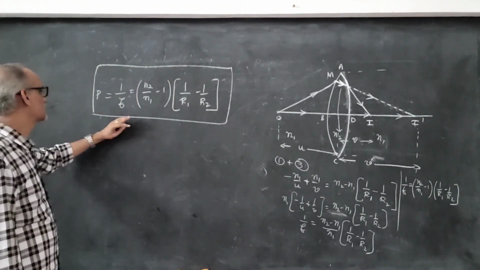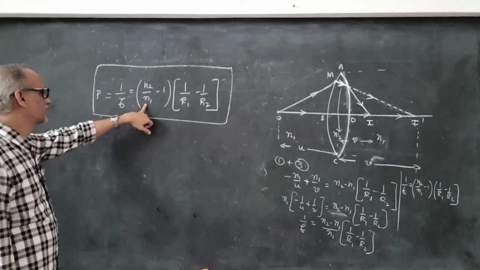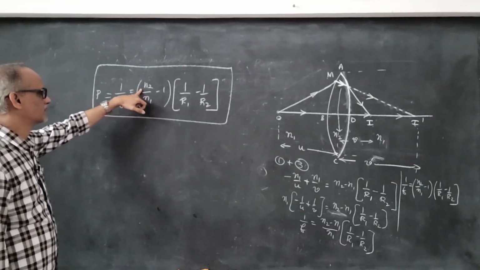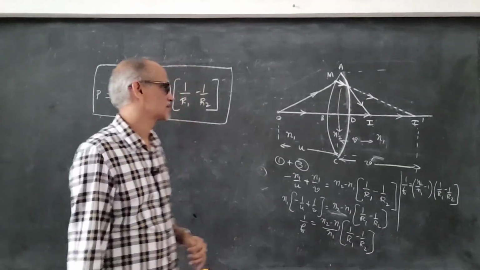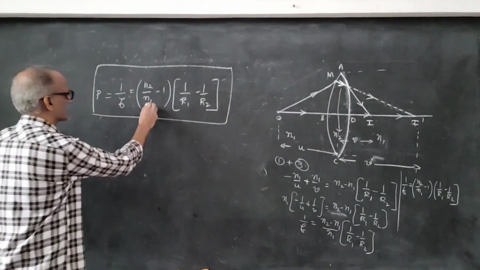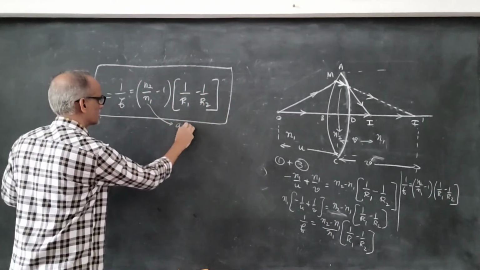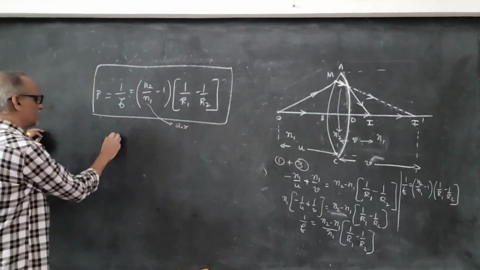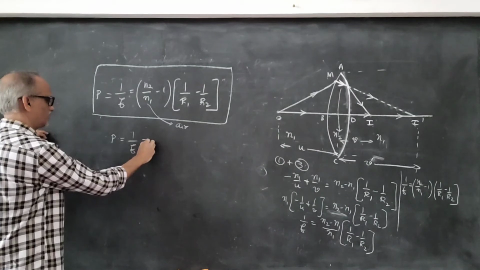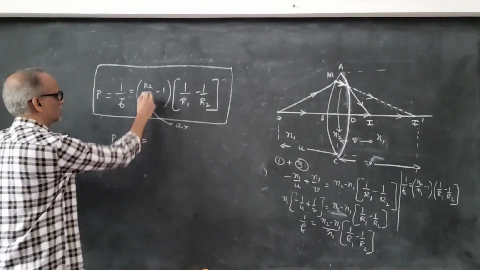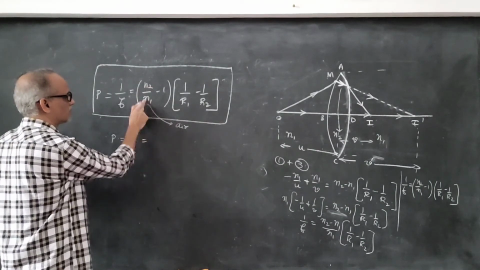So what are the factors that decide the power and the focal length? Refractive index of the surrounding medium, refractive index of the material of the lens, and the radius of curvature of the two surfaces. Suppose the surrounding medium is air, then we write the formula like this: P is equal to 1 by F is equal to, this N1 becomes 1.